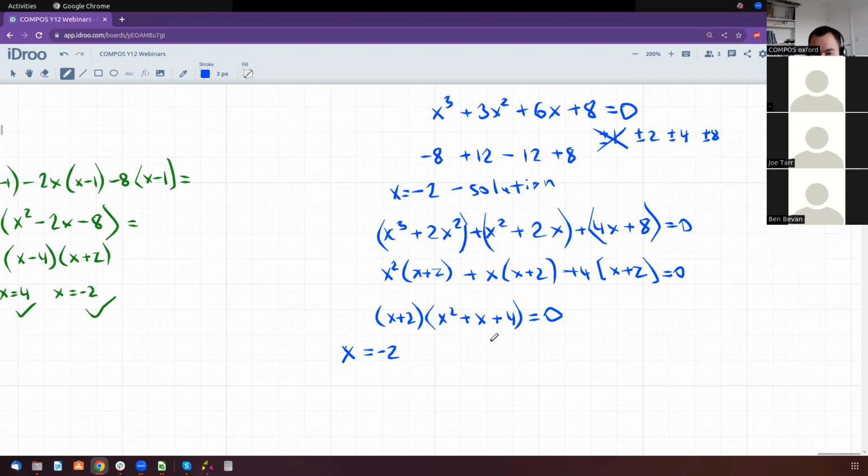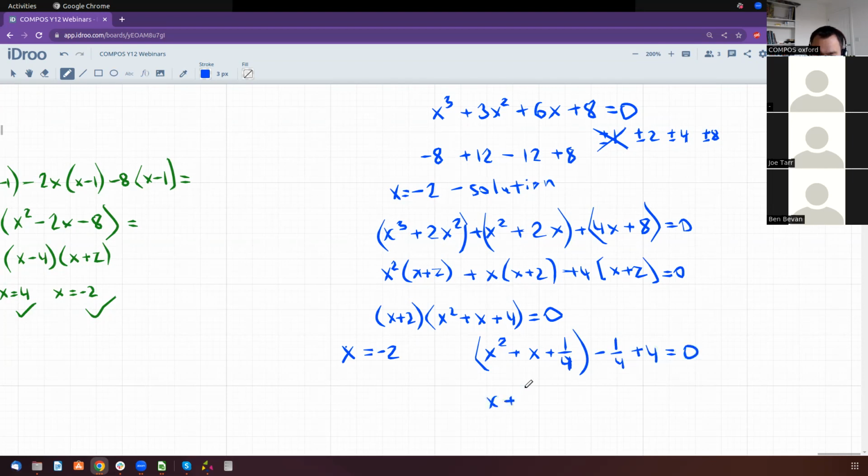And for the second one, I'm going to use completing the square. I'm too lazy to do the formula. So x squared plus x plus a quarter, minus a quarter plus 4 equals 0.